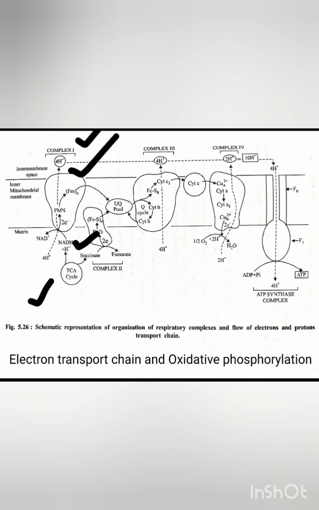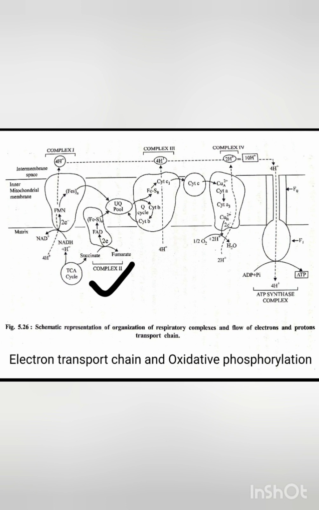Then complex 2, which is succinate-CoQ reductase, consists of FAD and FeS protein. Here FAD is reduced to FADH2 by accepting hydrogen atoms from the succinate.